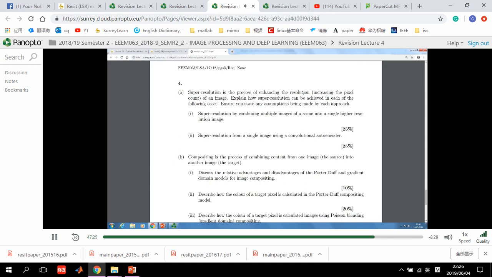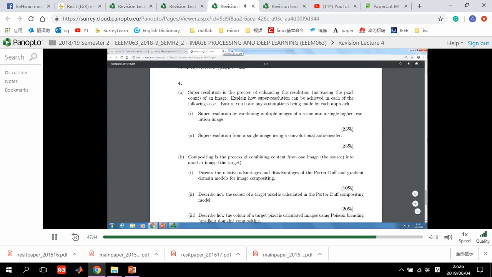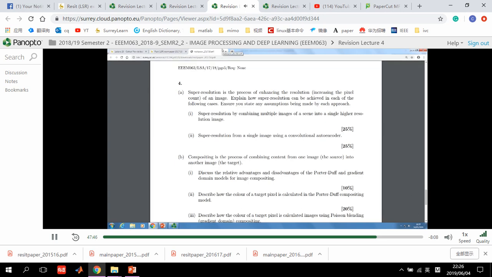So what we're interested in here is performing super resolution from a single image using a convolutional autoencoder. So how is it possible to perform super resolution on a single image? Where does the extra information come from that lets us hallucinate that extra detail?